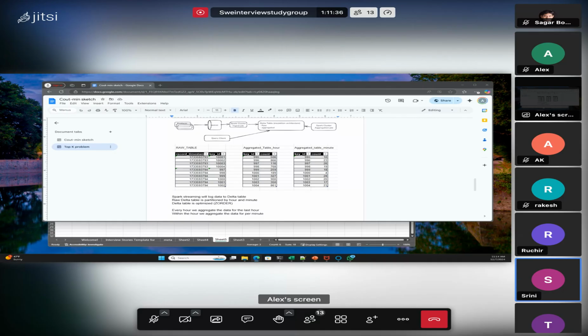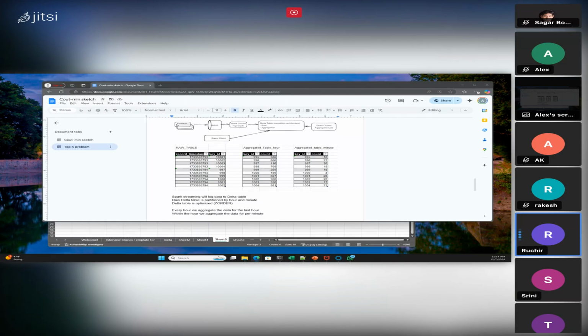Then I'm asking Alex about his research. If you go towards the leaderboard problem, where you have to show real-time scores, then this architecture will not work for that. We need to balance precision and timing.